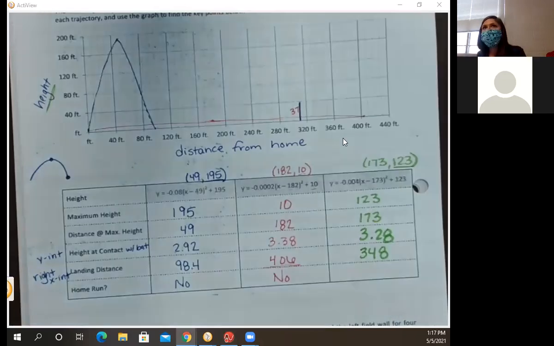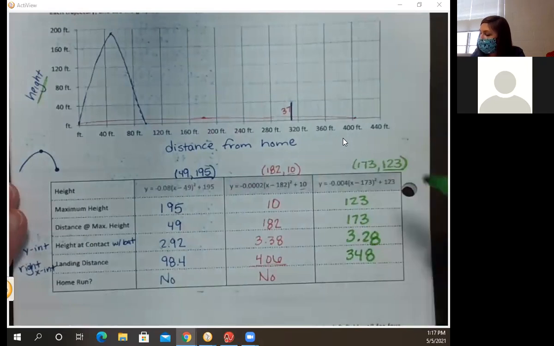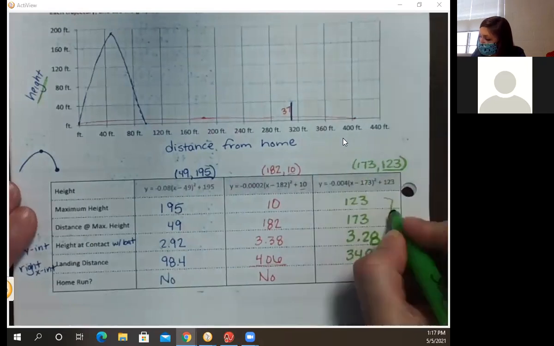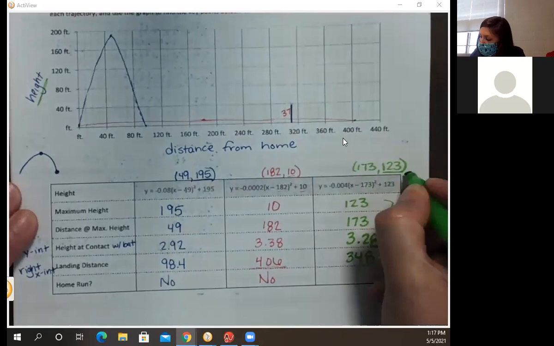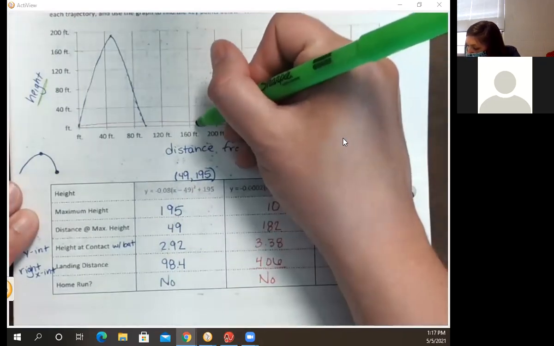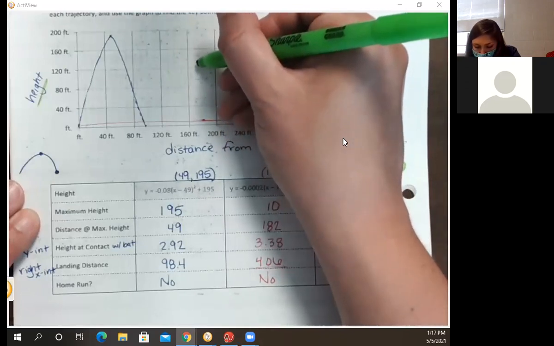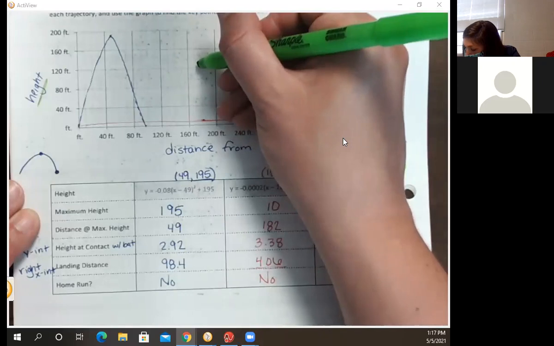So here's all that key information. I'm going to plot the information that I have on my graph. So I have my vertex that comes from these pieces. So 173, 123. So there's 160, 170, 173 is in here somewhere. And then 120 something. There-ish.